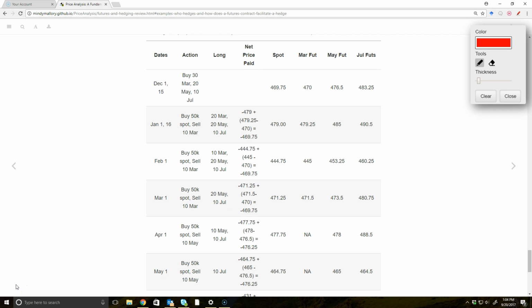Alright, so similar logic here. We've lifted 10 of the May contracts, and I want to walk through how we get this net price paid in this example. So just like before, the net price paid is going to be minus the spot price. So that's my $477.75 that I see, plus the gain in the futures market.